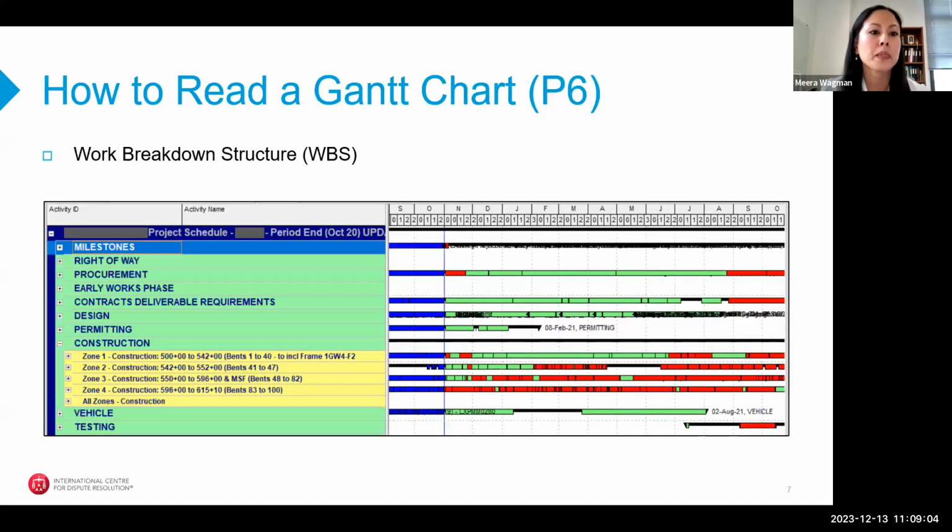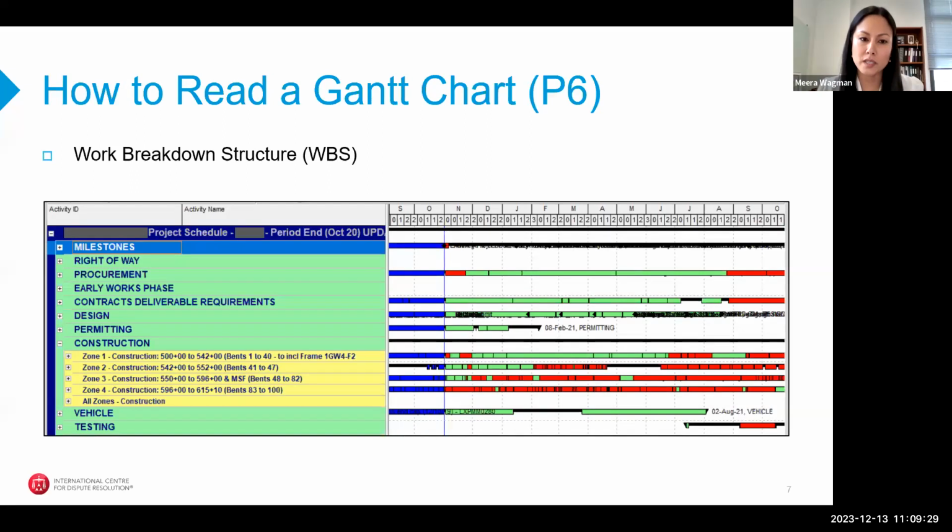Next, please. So I want to take a minute to just go over the basics of reading a Gantt chart, what it looks like. So this is an excerpt out of Primavera P6. What you see on the right is kind of the Gantt chart portion. Those are the activity bars. In this excerpt, they are summarized up. So these summary bars contain thousands of activities. The time scale is at the top.